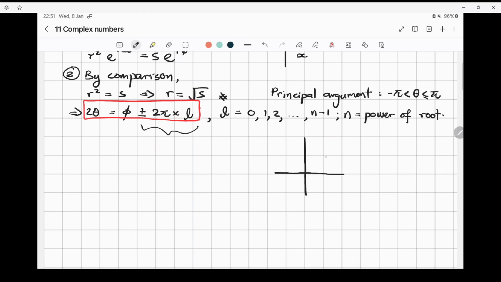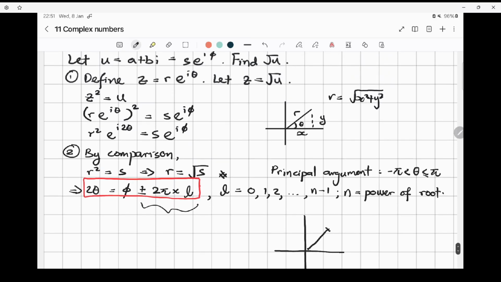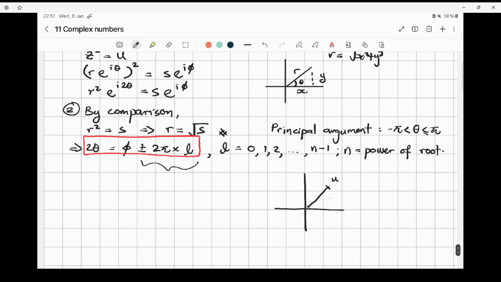let's say this is your original complex number, which is denoted by u. When you square root it, what you are essentially doing is halving the angle. But the thing is, your principal argument always ranges from minus pi to pi. If you halve your angle, then you only go from minus pi over 2 to pi over 2.